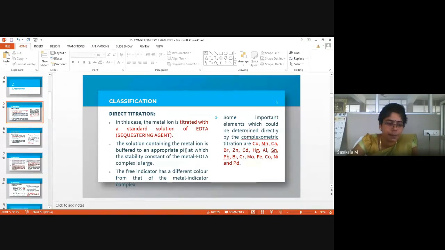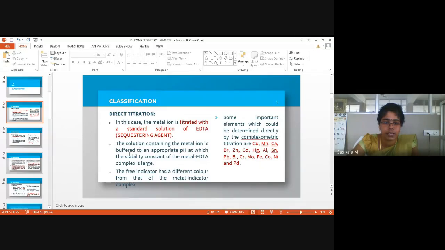Is 11 alkaline or acidic? Alkaline pH must be maintained during complexometric titration. That is a basic buffer, and through a basic buffer we can maintain that pH.